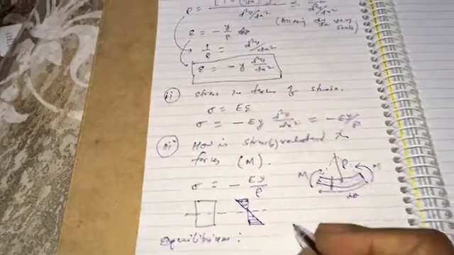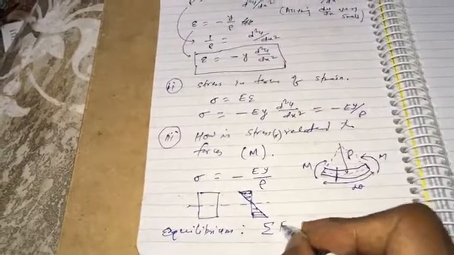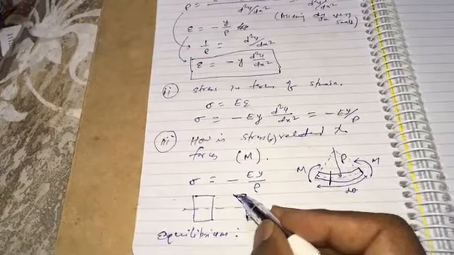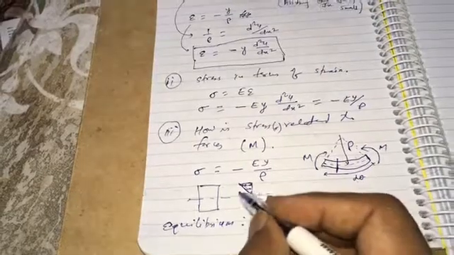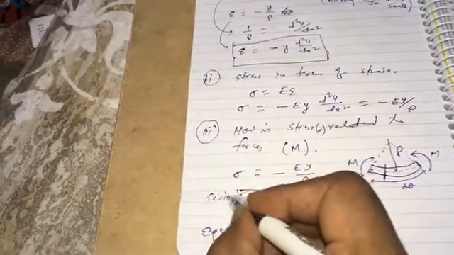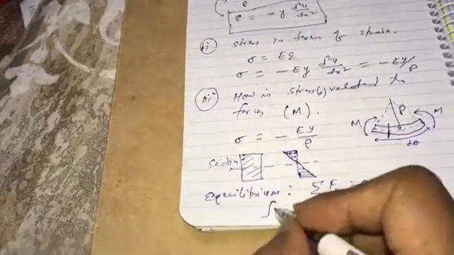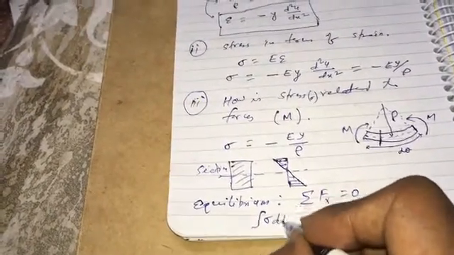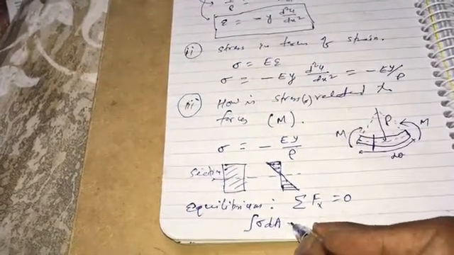First, all the forces in the x direction have to equal 0, and what we have is sigma, which is a function of y. So for the whole section, we have sigma times dA, and sigma times dA has to be equal to 0.